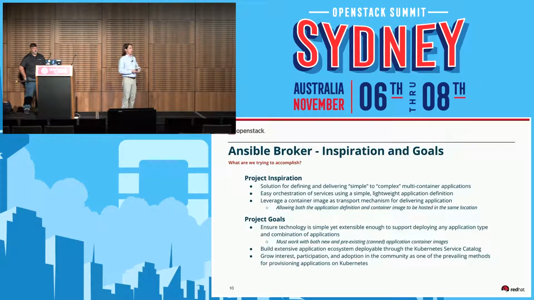Sometimes you have third-party or prepackaged binaries where you can't open them up and manipulate them. No problem. You can create a definition to deploy that without peeling it open. We want to be able to build a large ecosystem. We've already started doing that to make services available for the Kubernetes service catalog. And this is one of the ways we're looking to grow interest in the community, working with folks like yourself.